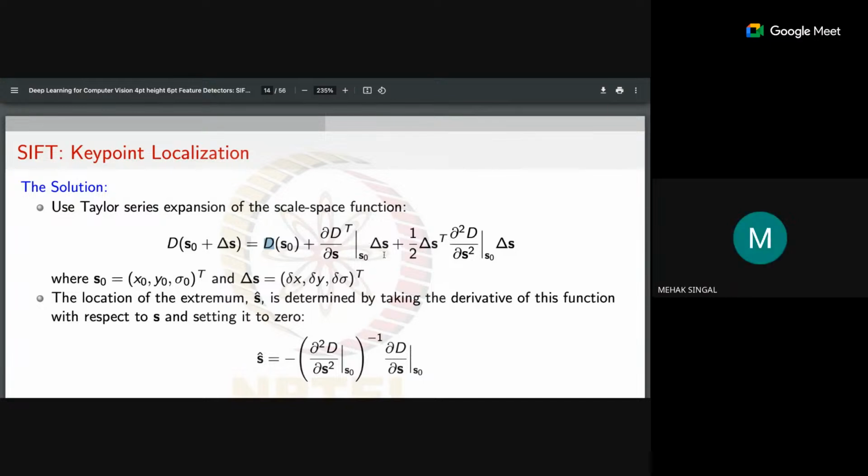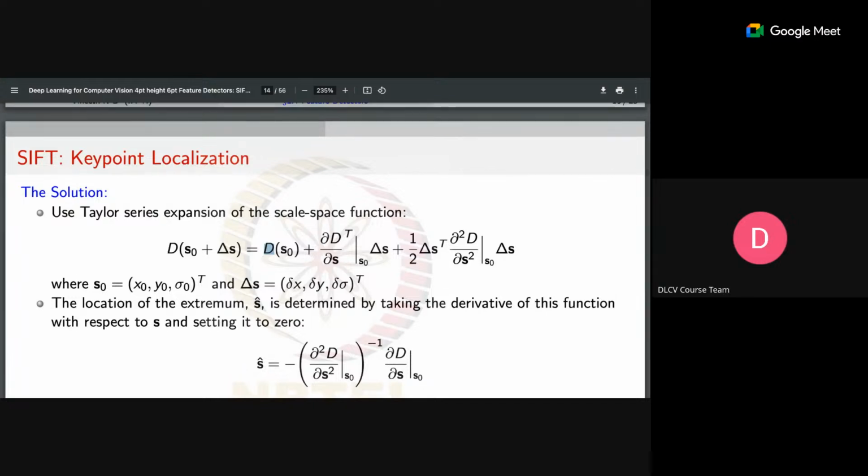D gives the intensity value at position x comma y, is it? I think you will see here you have x naught, y naught, and sigma naught. So three things are there, right? That sigma is coming from your previous step, I think.